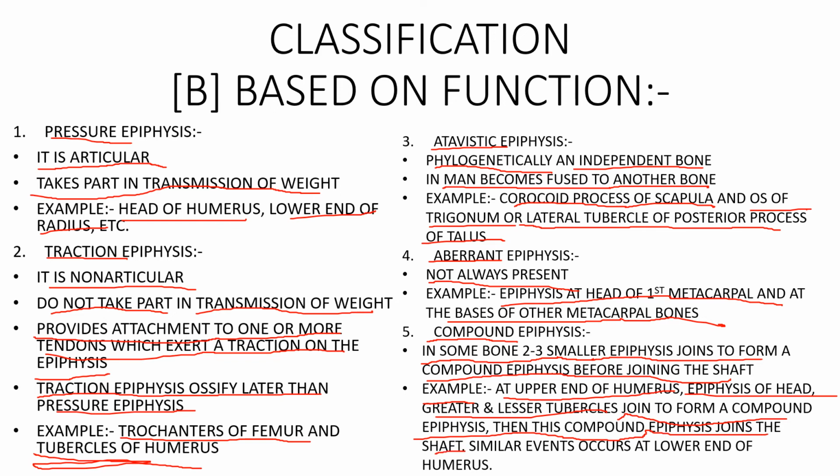That is, at the upper end of humerus, we have the epiphysis of head, greater and lesser tubercles, and these all join together and form a compound epiphysis, right? And then this compound epiphysis is joining to the shaft of the humerus. And similar events occur at the lower end of the humerus too. So this was all about the classification based on function.